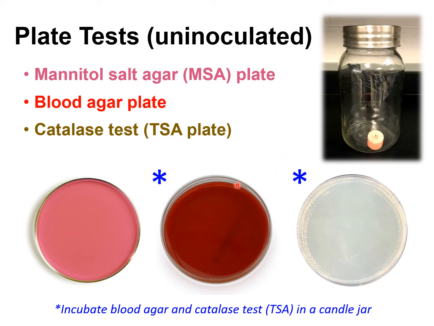Now, since this PowerPoint is about identifying and differentiating between Staphylococcus and Streptococcus bacteria, Streptococcus, as I said, love to live in environments that don't have a whole lot of oxygen. So the Streptococcus genus would actually prefer a capnophilic environment.